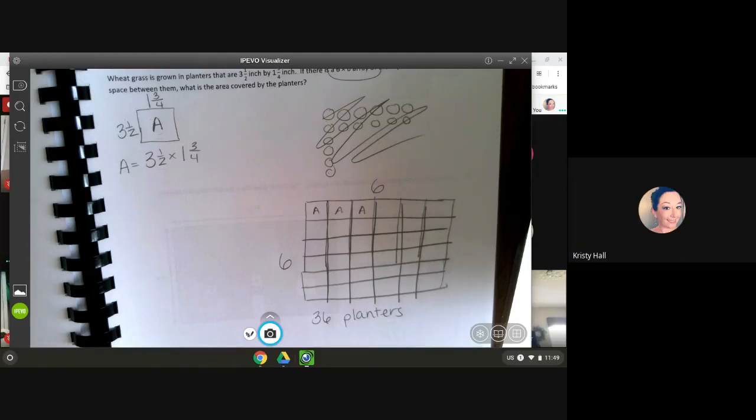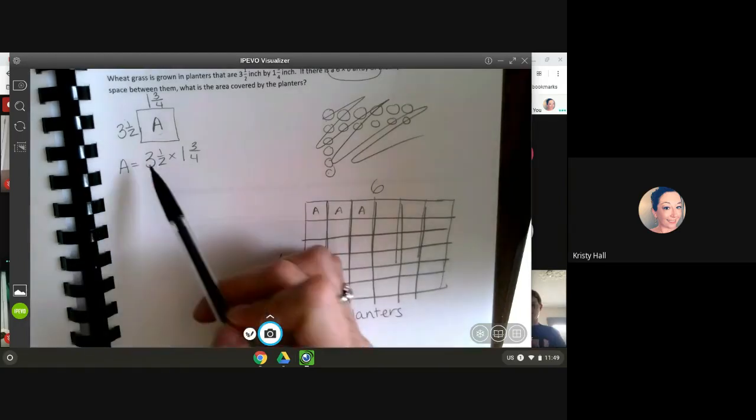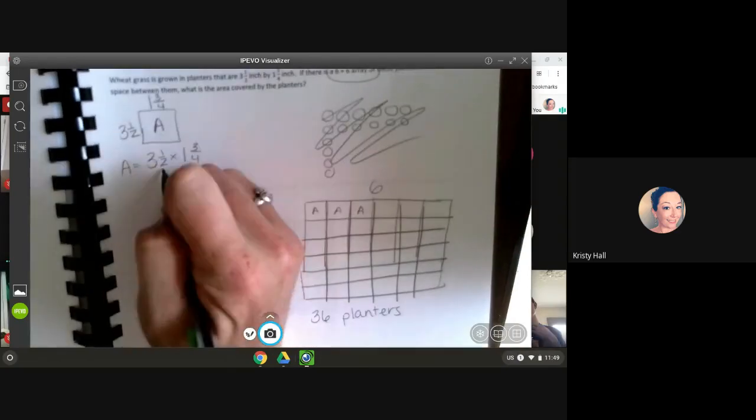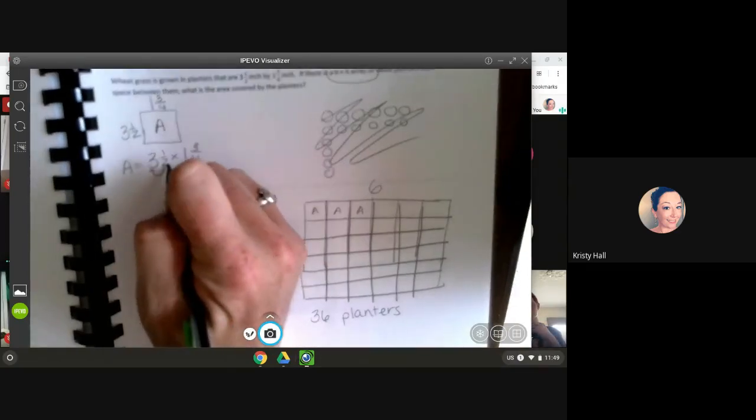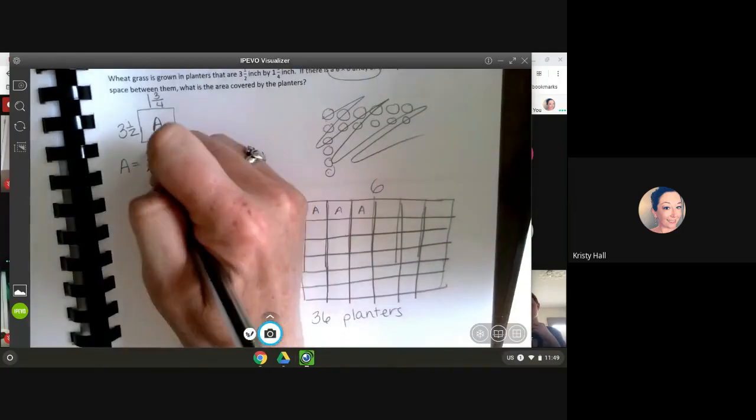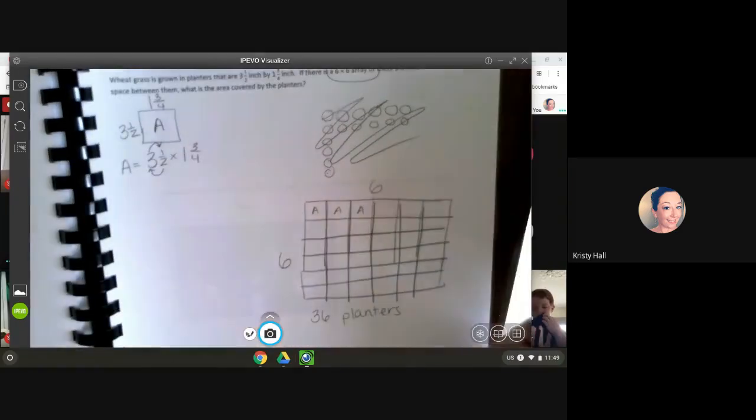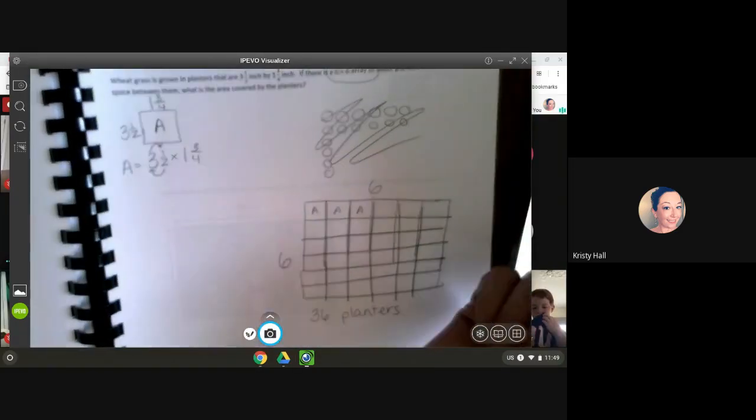Okay. Now, this problem is a little different than the two we just did. This is more like yesterday's because we have mixed numbers. Okay. So let's work on making those mixed numbers into improper fractions. So 3 1/2, remember we're gonna go like this. We're gonna multiply the denominator by the whole number, and then we're gonna add that numerator, okay?